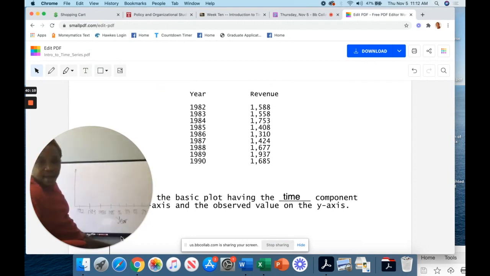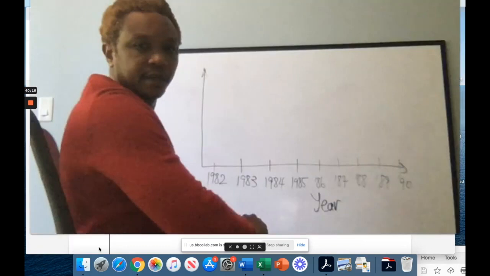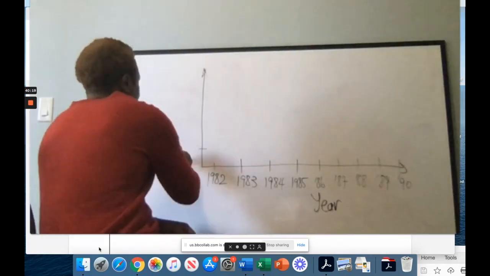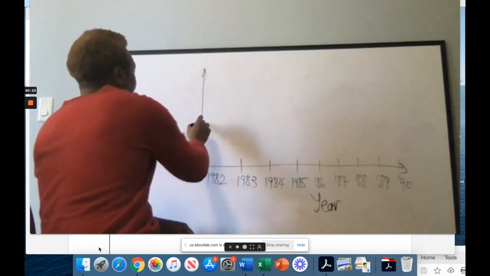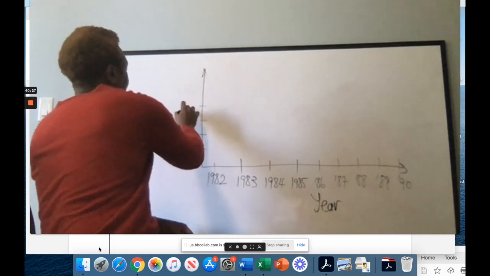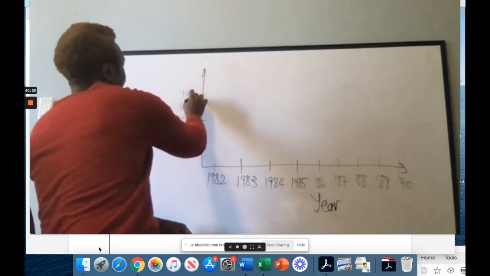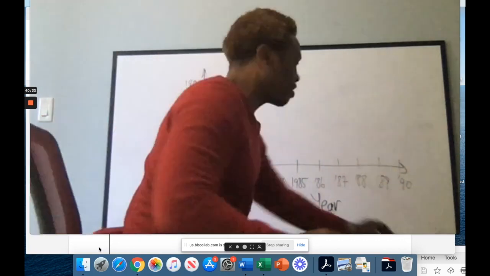So I'm going to start at 1300 and go to maybe 1900, going up in hundreds. The largest and smallest values help me figure out where to stop. It's not graph paper, so it's not drawn to scale, so don't worry about that.